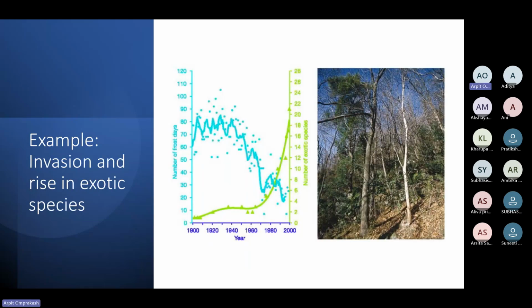Another example we see of climate change is that, for example, here we see that the frost level is decreasing due to climate change over the years. Initially there were a lot of days of frost, a lot of days of harsh winter, which the native plants had adapted to survive. So there was a smaller number of invasives present in the given area, right?